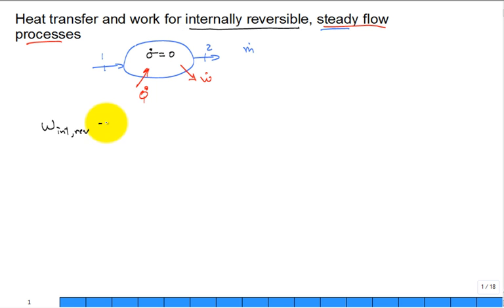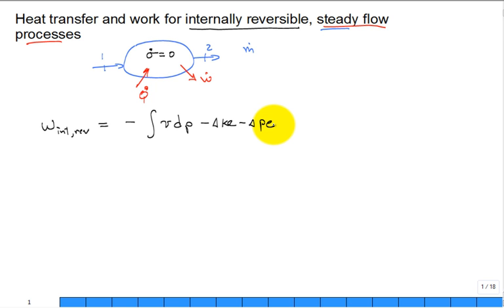It can be written as minus the integral v dP, minus any changes in the kinetic energy, minus any changes in the potential energy. What are they talking about here? This equation looks startling.